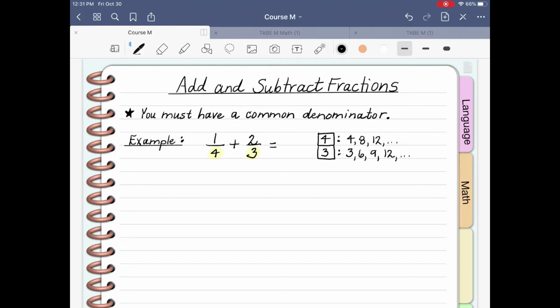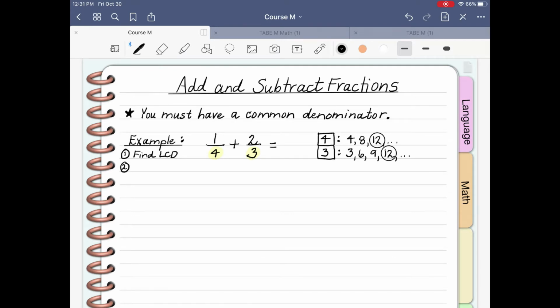So 12 is the lowest common denominator, or the LCM. It's the lowest common multiple. So step 1 is to find the common denominator. Let me put those steps over here for you. Find the LCD.